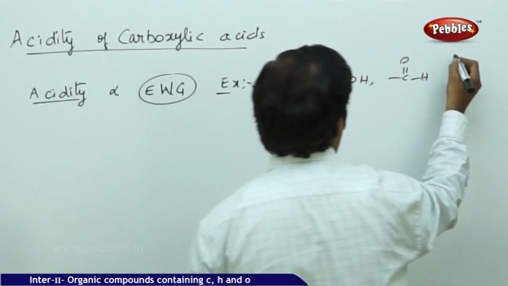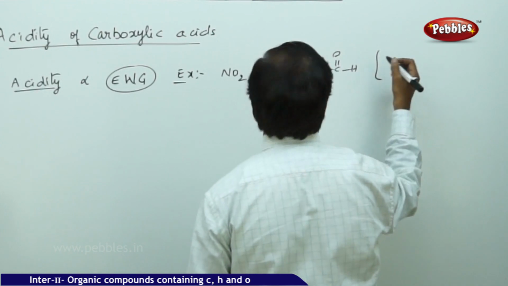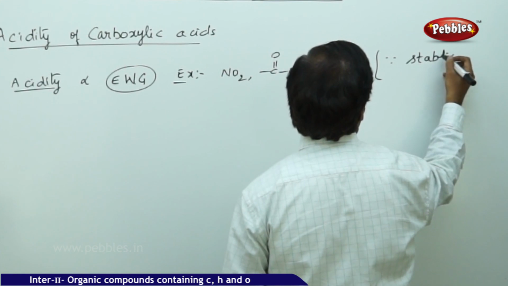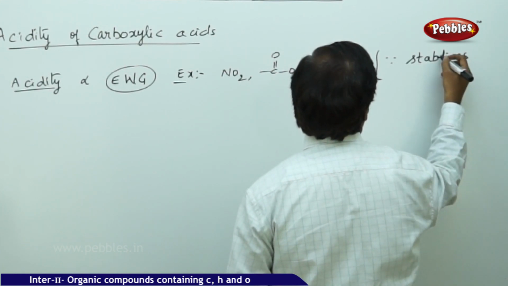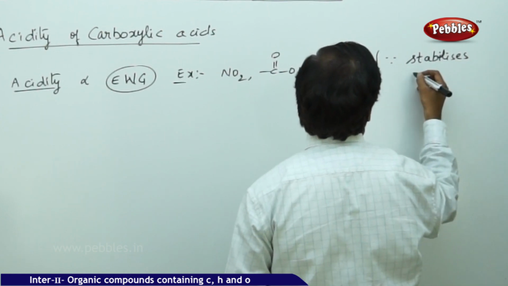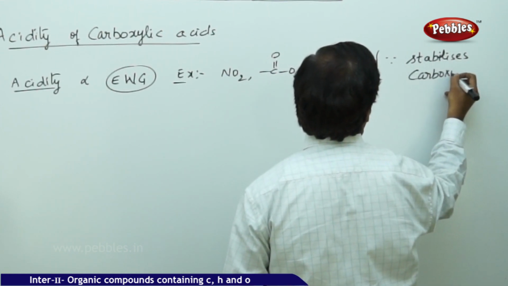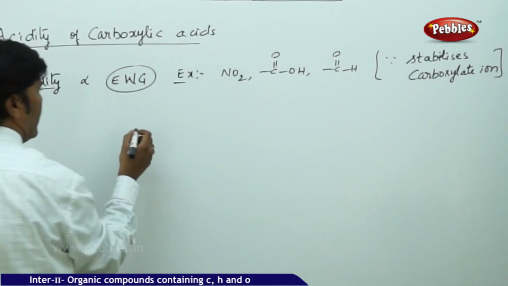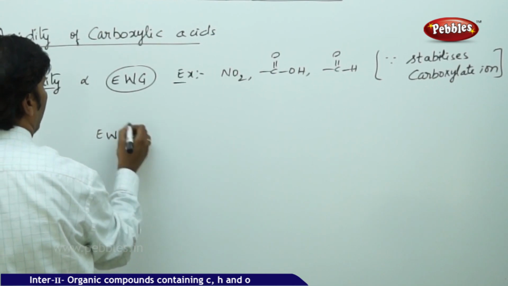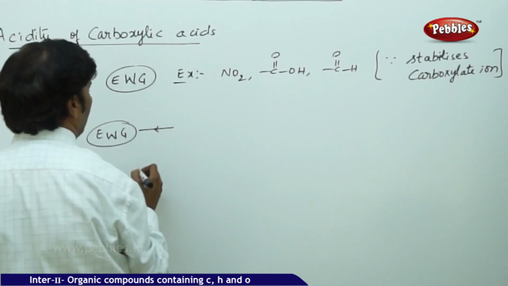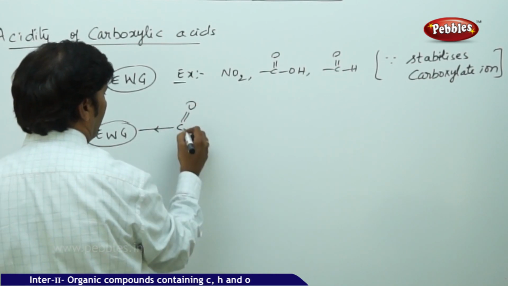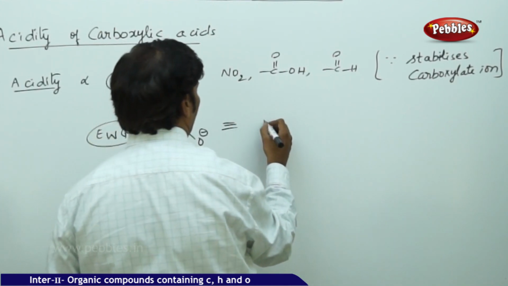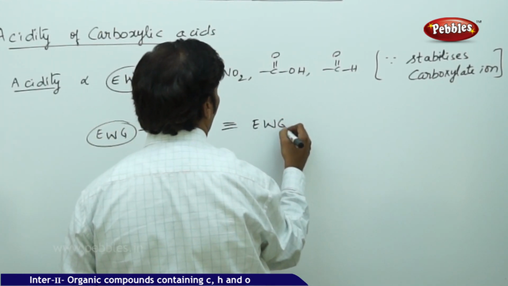So acidity increases because you find that it stabilizes the carboxylate ion. In other words, if an electron withdrawing group is attached to the carboxylate group, this ultimately leads to stabilization.